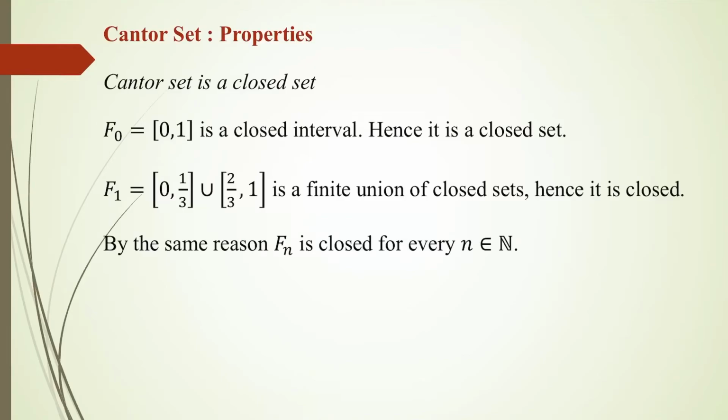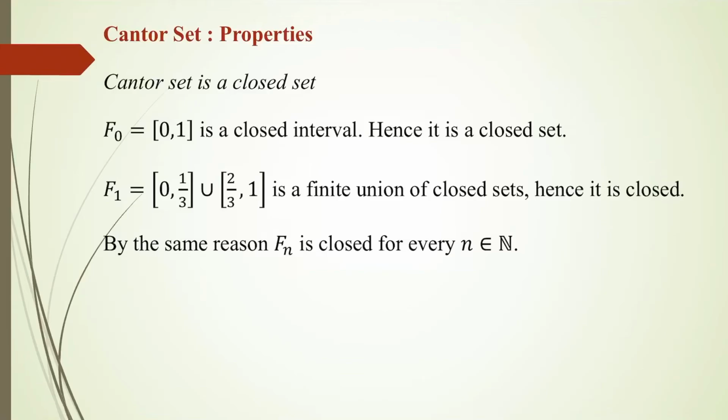So F2 is the union of four closed sets, therefore F2 is also a closed set. So by the same reason, Fn is closed for every n in N, because this Fn is the union of 2 power n closed intervals. So it's a union of finitely many closed sets, therefore Fn is closed for each n.